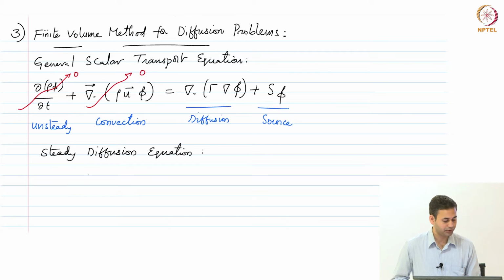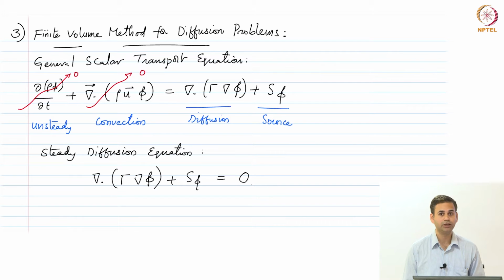So we can write this equation as del dot gamma grad phi plus S phi equals 0. This is our steady diffusion equation, which is going to be the equation throughout this entire chapter.